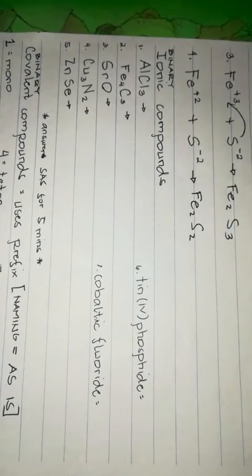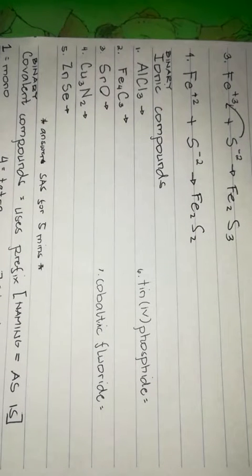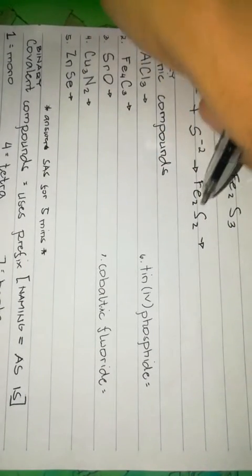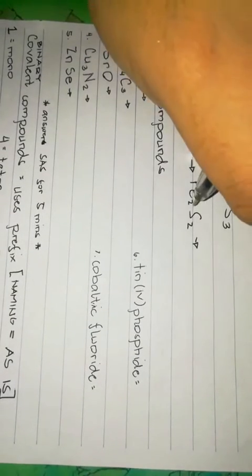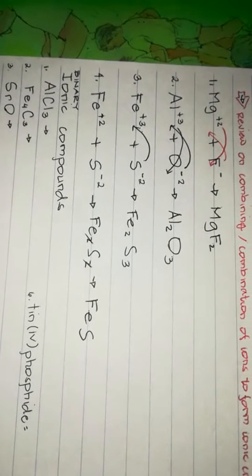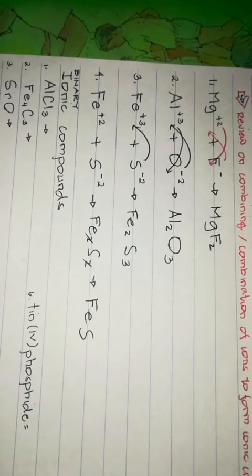S2. Yun nga lang kasi, yung kanilang subscript is divisible by a number. Kailangan natin na i-put into the lowest term. Ang hirap ng math. Okay. So, since both are divisible by 2, then, cancel, it will become FeS. So, that is how we combine anions na tig-isang element lang.